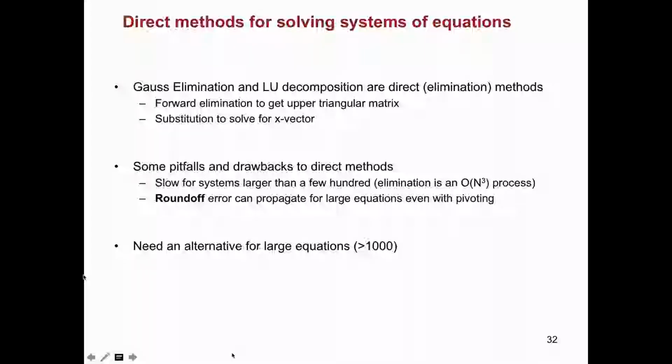So basically, we have overviewed what are called direct methods for solving systems of equations. That means that, assuming you have a perfect computer that is not doing any round-off error, which you don't, but let's assume, you are going to arrive at the exact solution for the system.